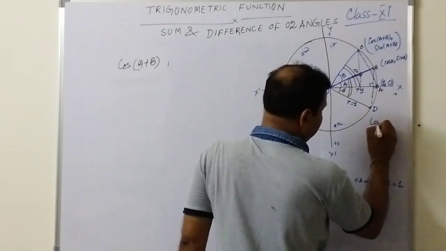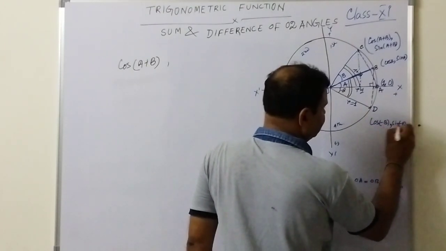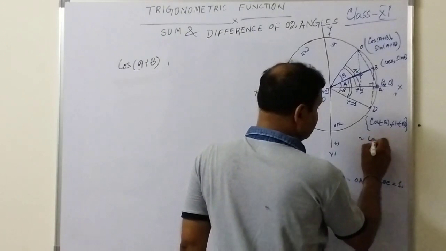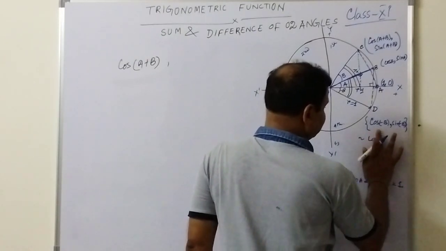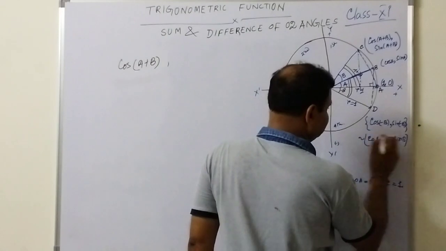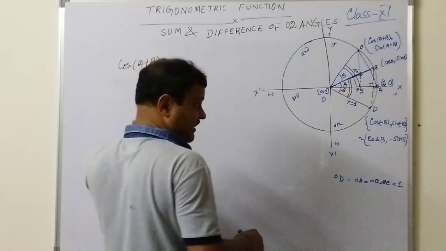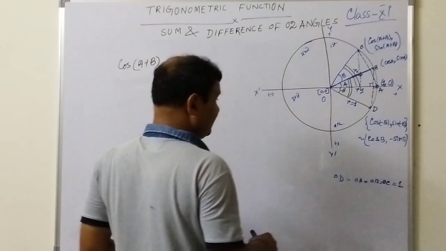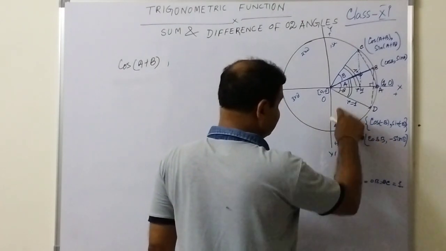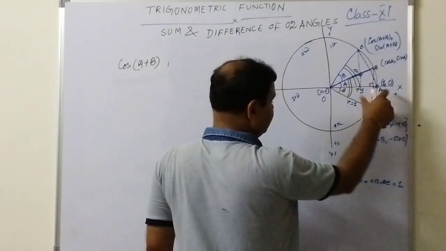So it is cos minus B and sin minus B. So this is cos B and minus sin B, because sin minus B is minus sin B, cos minus B is cos B. The sin function is negative here because this y is the negative one, and cos is in the positive direction, so it's positive.